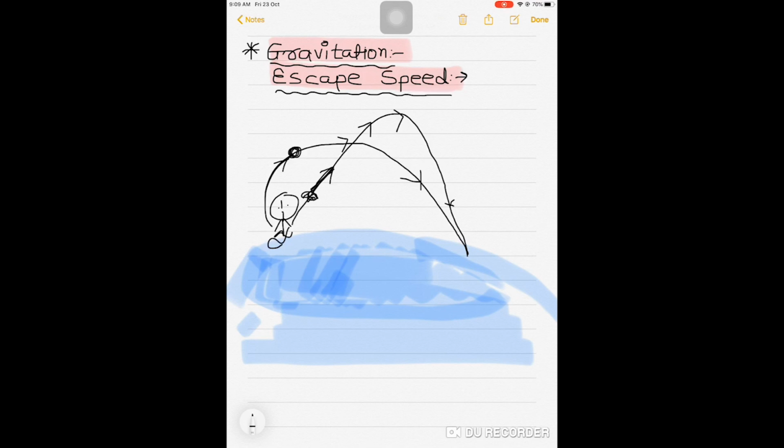So the normal question that arises is whether it is possible that if we throw something with such a speed that it will go out of the atmosphere and never come back. Is it possible? The answer to this phenomenon is very interesting. The principle of conservation of energy helps us to answer this question.